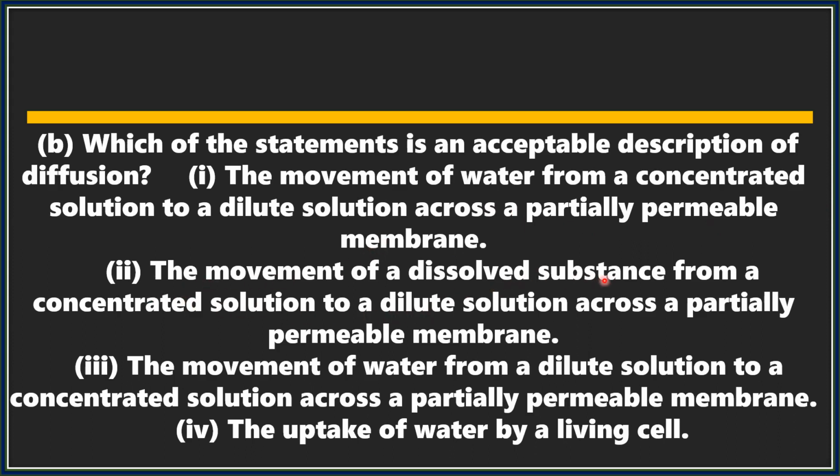The movement of dissolved substances from a concentrated solution to a dilute solution across a partially permeable membrane. 3. Movement of water from a dilute solution to a concentrated solution across a partially permeable membrane. And 4. The uptake of water by living cells. Think about it, pause, and try to get the acceptable description of diffusion.